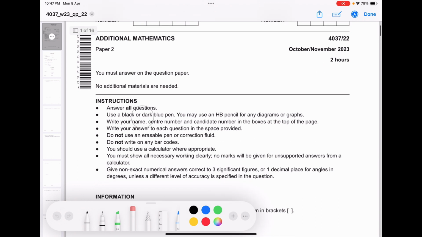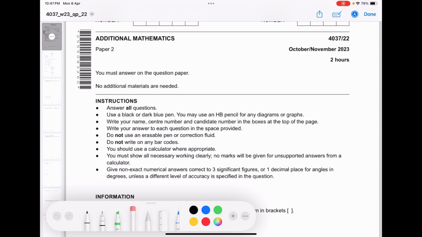Use black or dark blue pen, HB pencil for diagrams. Do not use erasable pen or correction fluid. A calculator can be used.